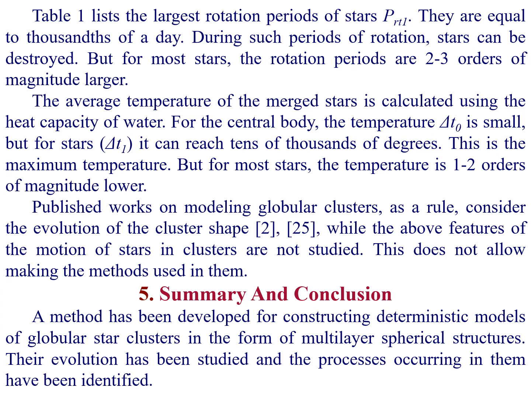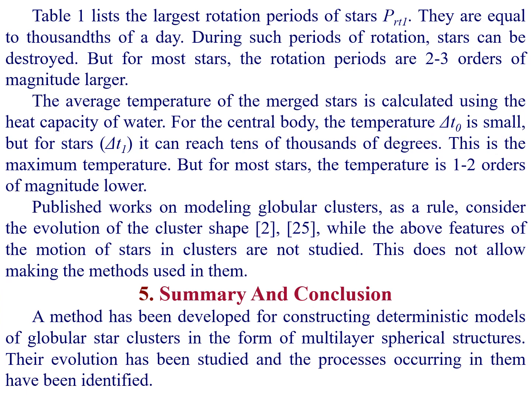Table 1 lists the smallest rotation period of stars, P_RT1. They are equal to thousandths of a day. During such periods of rotation, stars can be destroyed, but for most stars, the rotation periods are 2-3 orders of magnitude larger.